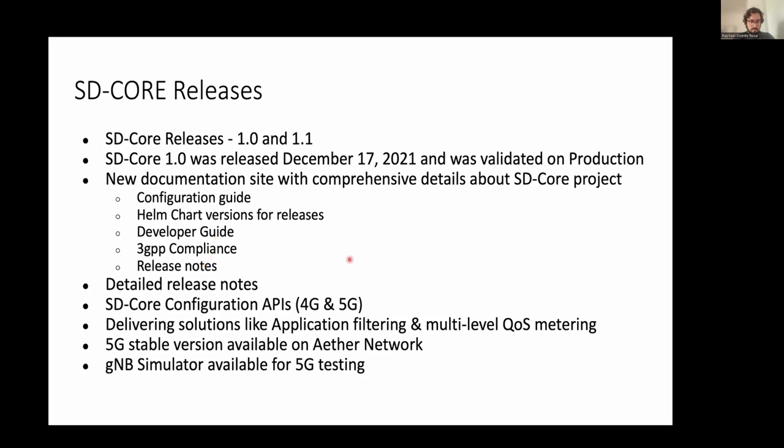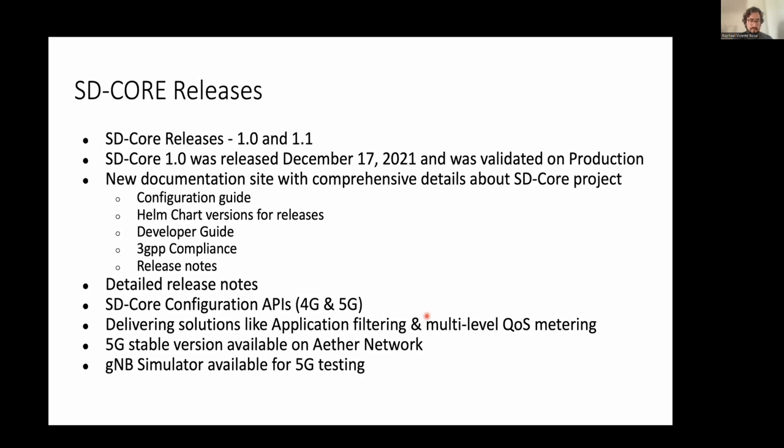So it's important to say that in these SD Core releases, there are configuration APIs, as mentioned previously. These configuration APIs, I'll explain them later, but they allow the delivery of certain custom features in the 5G and 4G core regarding application filtering and multi-level QoS metering that were, for instance, used in the Aether management platform.